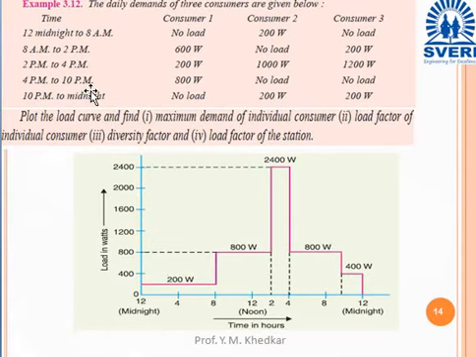In between 4 pm to 10 pm, 800 watt is consumed by consumer 1, and during that time there is no load at consumer 2 and consumer 3. From 10 pm to midnight, consumer 1 is not consuming any load, but 200 watt load is consumed by both consumer 2 and 3.